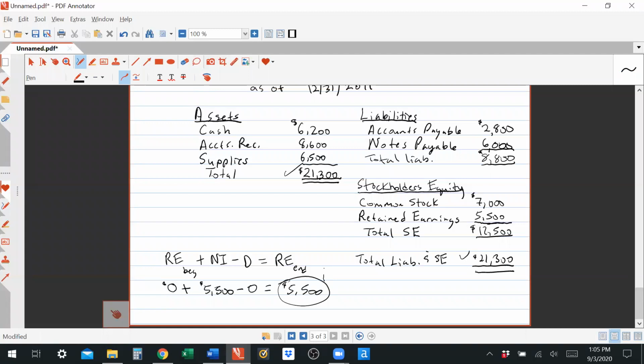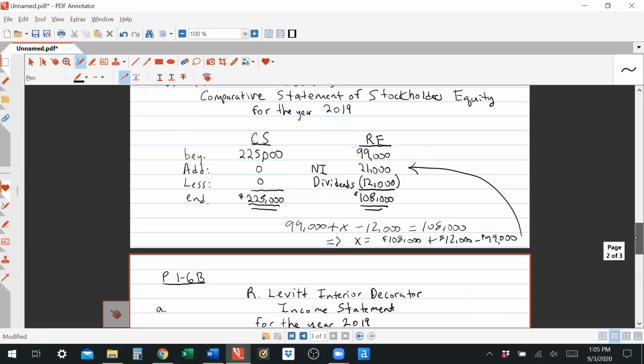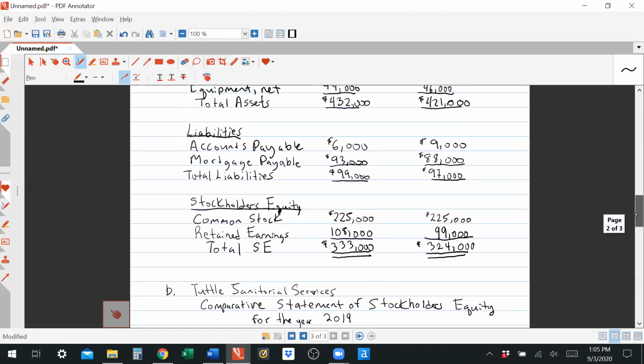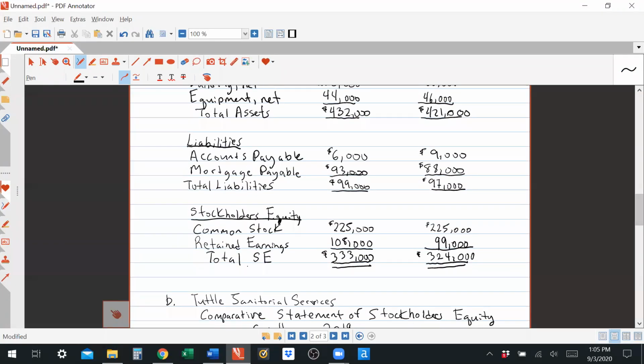I'm going to draw this right here. And I didn't do that over here, this problem. I should have. You not only have to get total stockholders' equity down here, but you also have to have a line item for total liabilities and stockholders' equity.